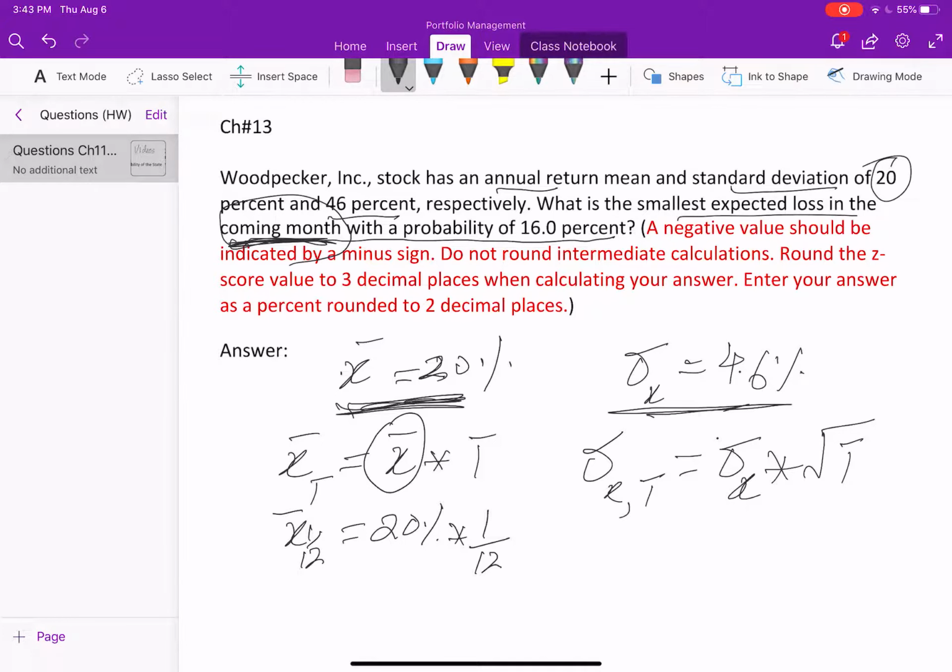This gives the mean return for the upcoming month, and the standard deviation for the upcoming month is the annual standard deviation, 46%.